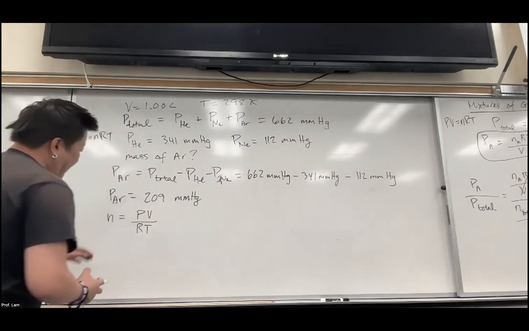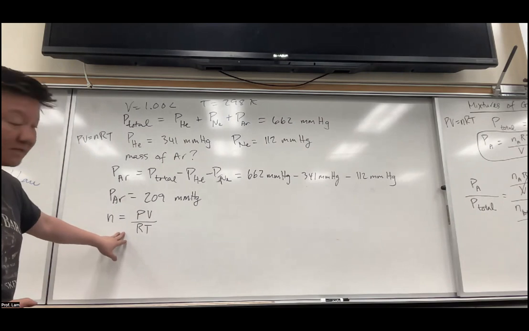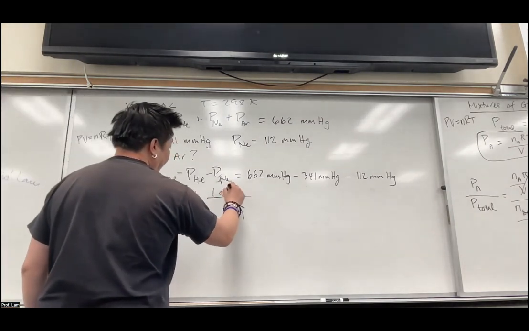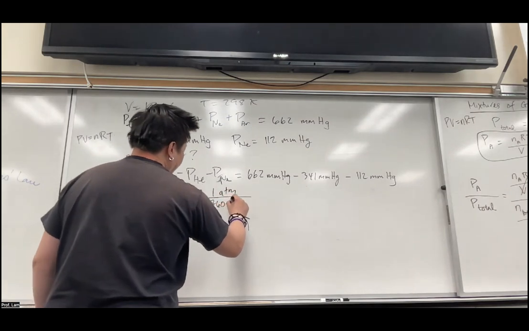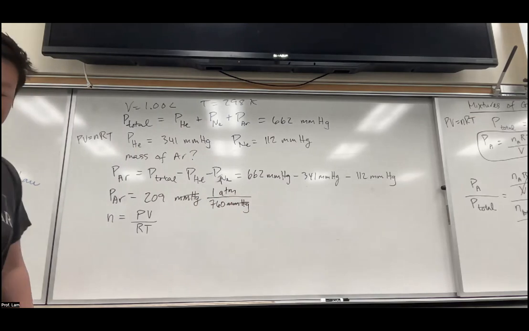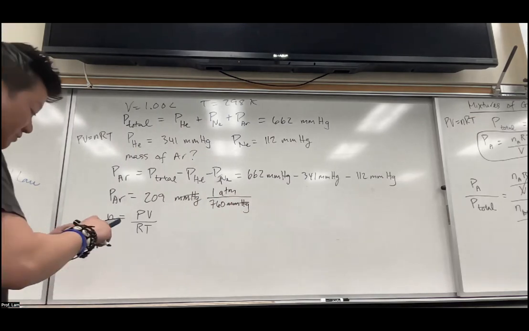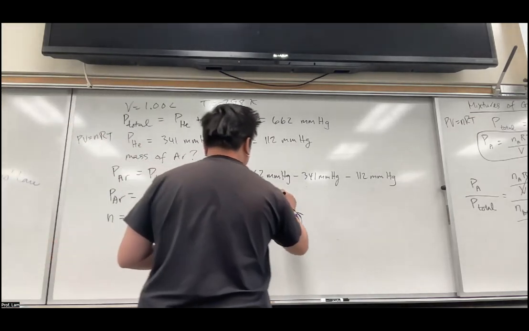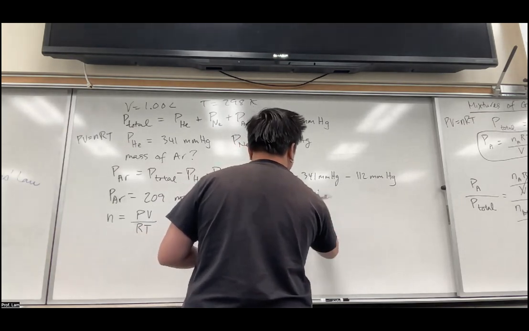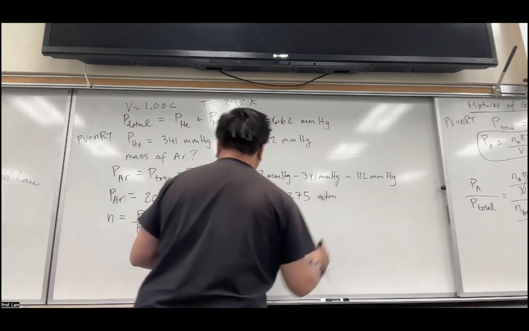Now, remember, whenever you use the ideal gas law, all your pressure has to be in atm. So let's get this to atm first. 760 mmHg on the bottom. That gives 0.275 atm for pressure.